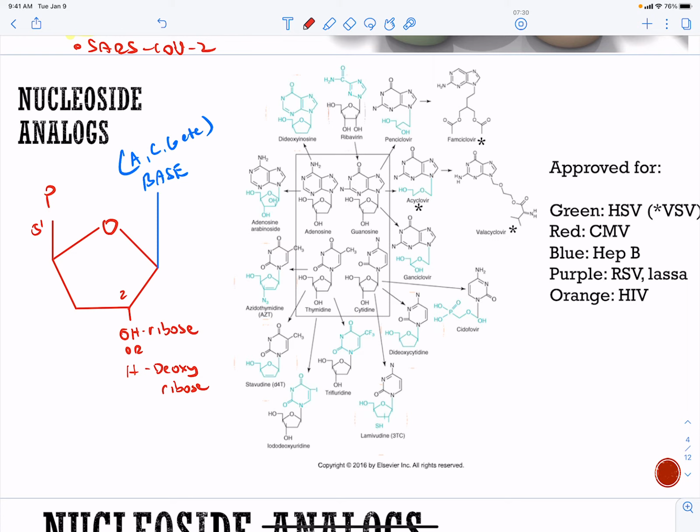Here we have our phosphates are going to be attached here, and then we'll have another sugar come in. And then here on our 3, we'll also have our other phosphate sugar. So another ribose or deoxyribose.